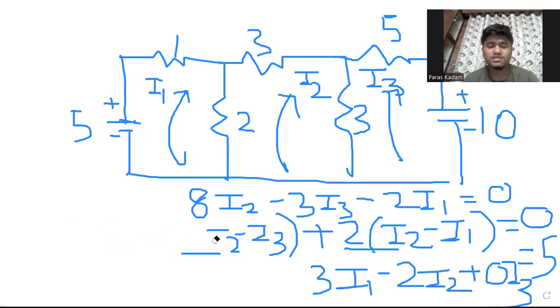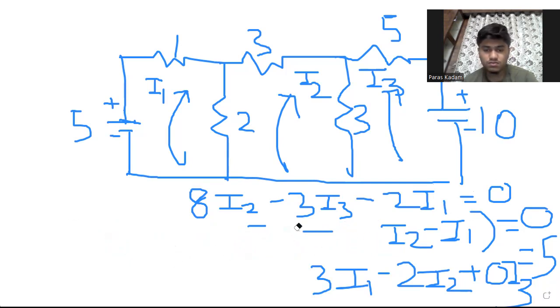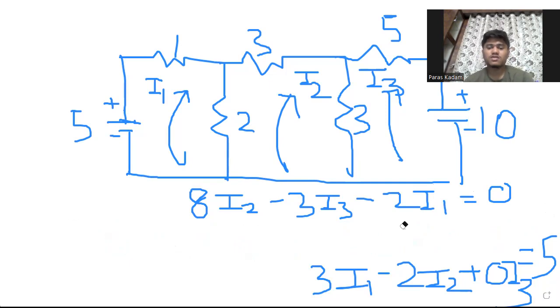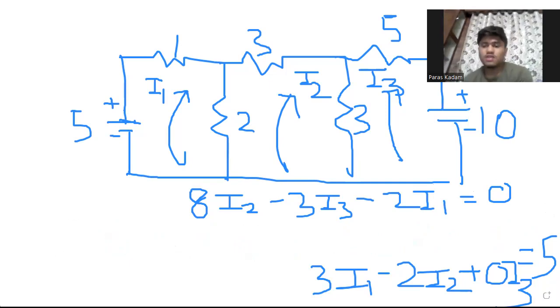Now similarly, we will solve our third equation, and this time we will be using Cramer's rule. In this third mesh, we can see I3 and I2 both are flowing through the 3 ohm resistor.